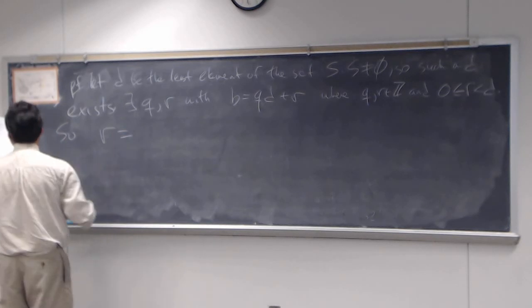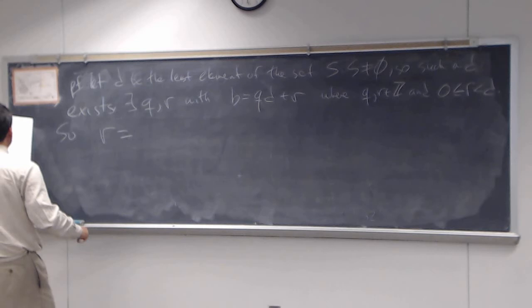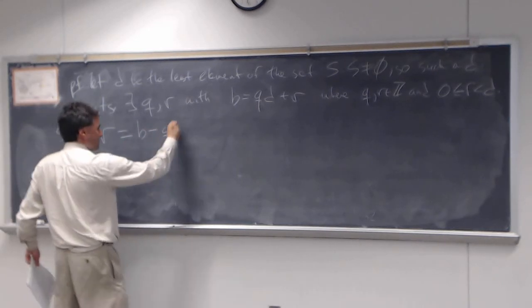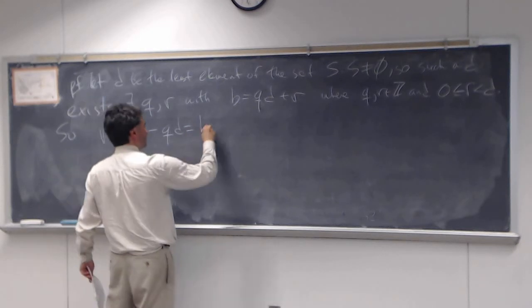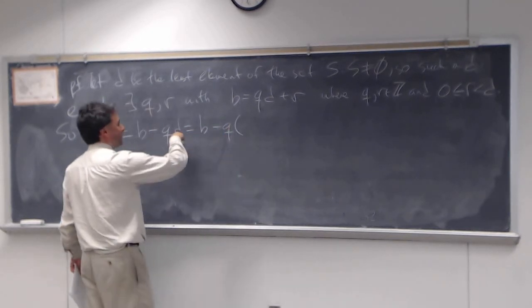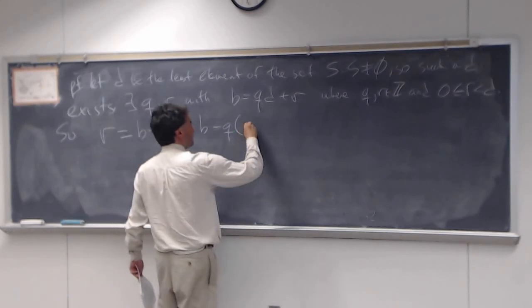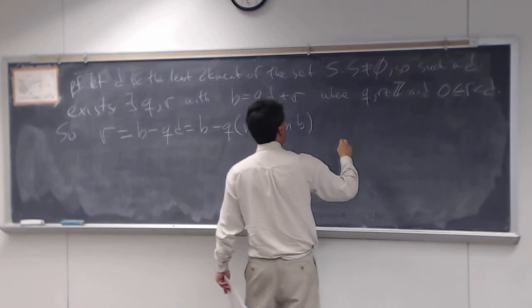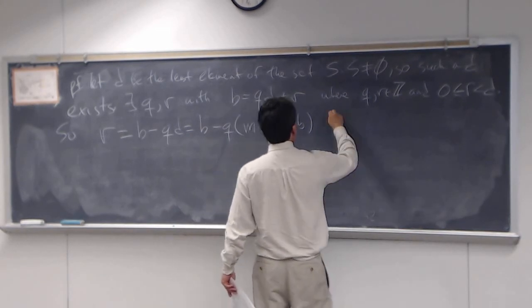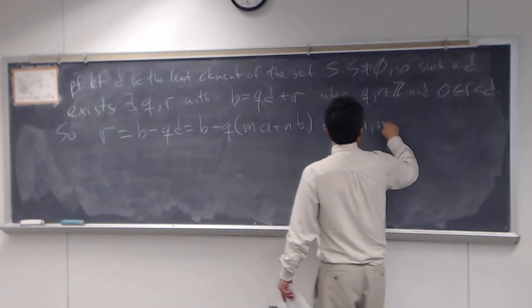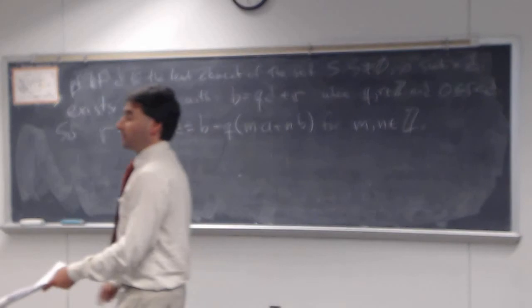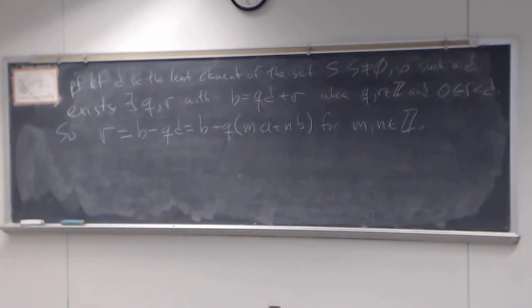We can eventually see that R equals B minus QD, but then D is equal to MA plus NB for integers M and N. Again, that's because D is an element of that set S. Those M and N are integers, they may not be in S, I misspoke there.